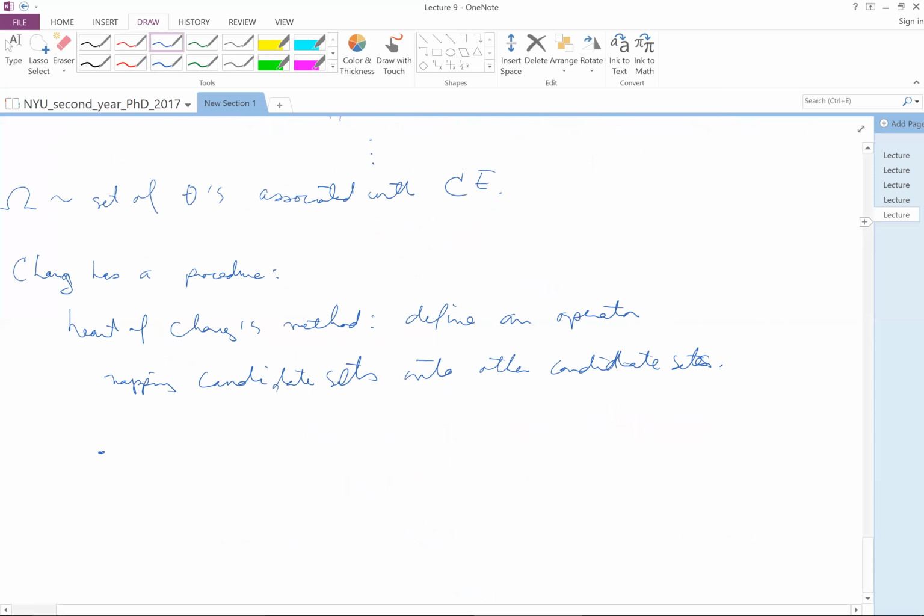It's going to go like this. He's going to make a guess at a set of thetas and call it, I don't know, omega 0, and guess a big set. So these are going to be a set of thetas that's quite big.